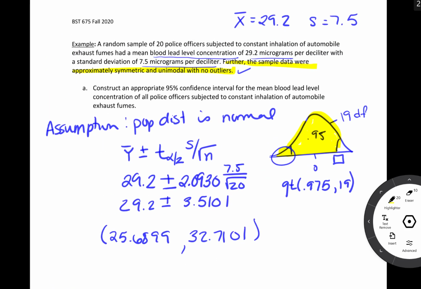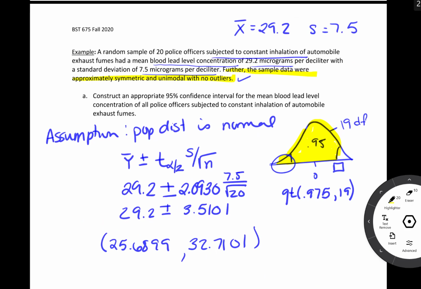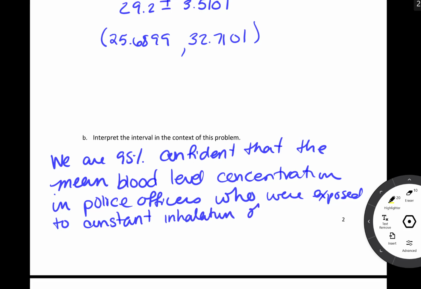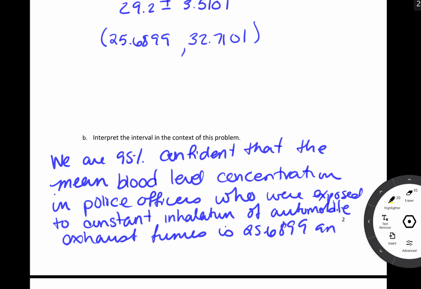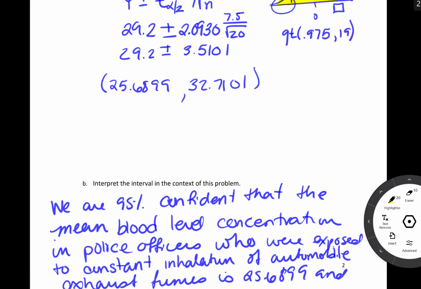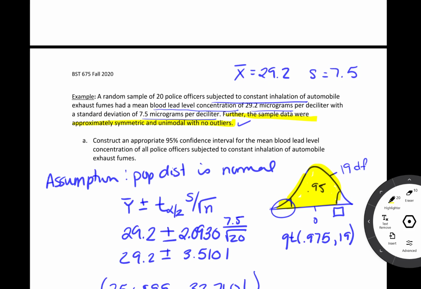And remember, if we go back up here, we're looking at police officers who were subject to constant inhalation of automobile exhaust fumes. And then is between the interval that we found. And our units of measurement here, if we go back up, were micrograms per deciliter.